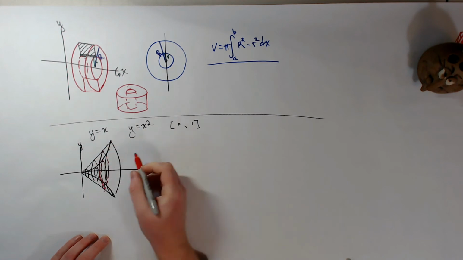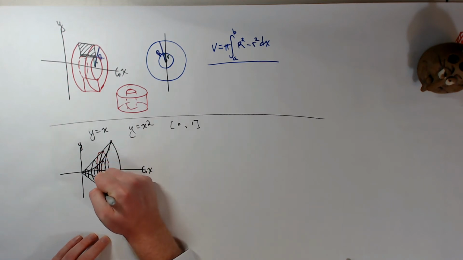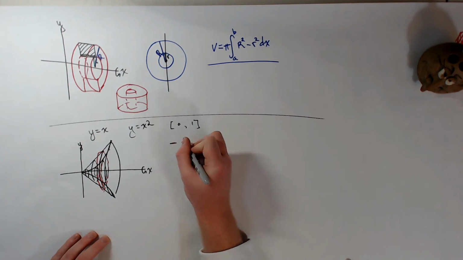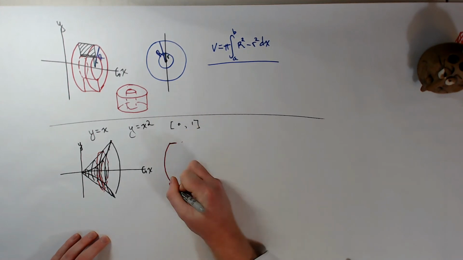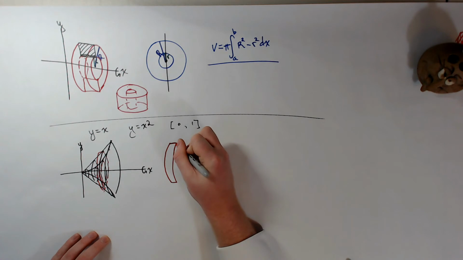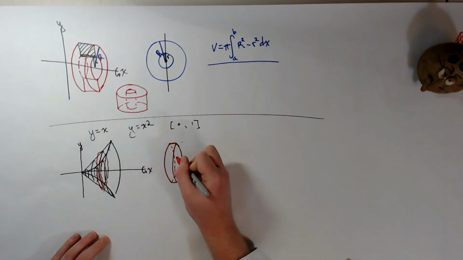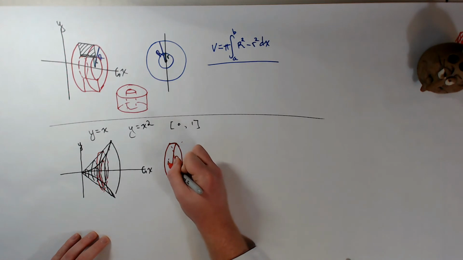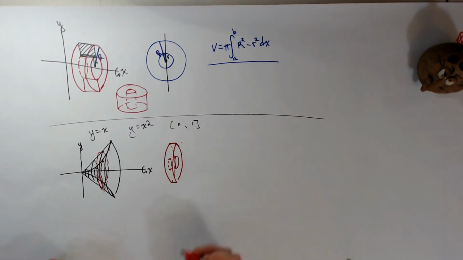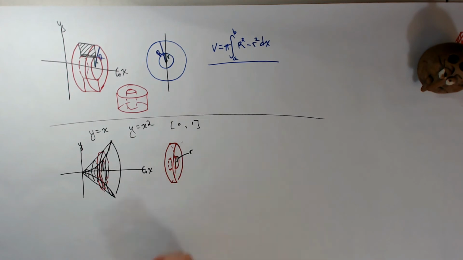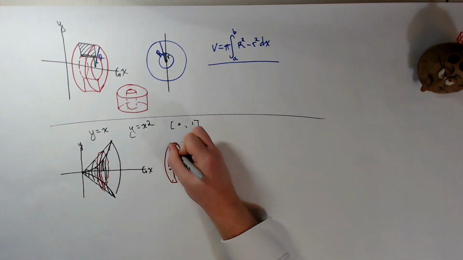So let's look at this red disc here, or washer in this case. This red washer has a hole in it. And so now I need to figure out what my small radius and what my large radius is.